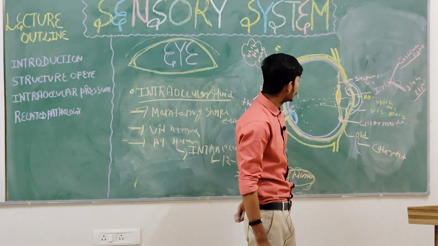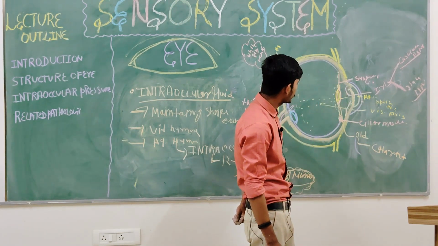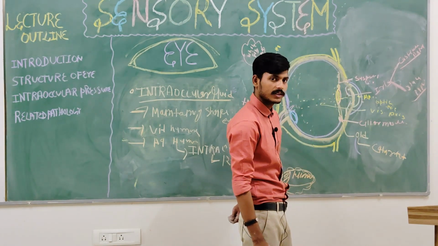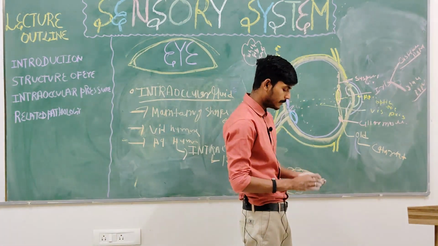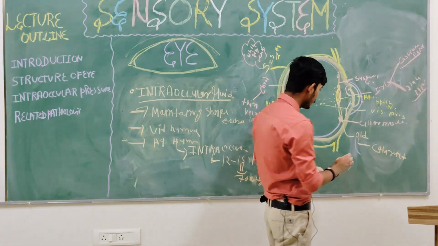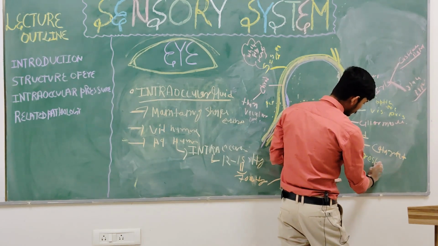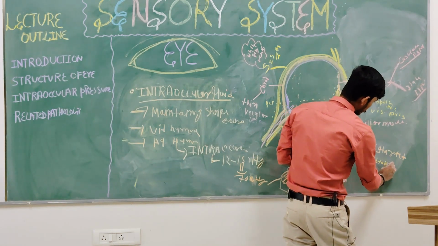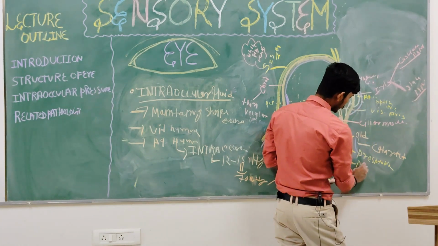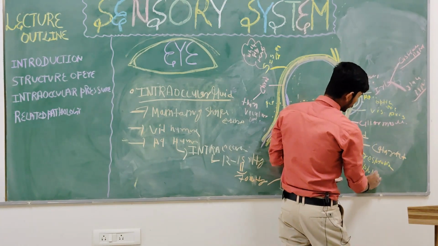And sometimes vision becomes impaired, or double vision appears. That's called diplopia, and the condition is called presbyopia.